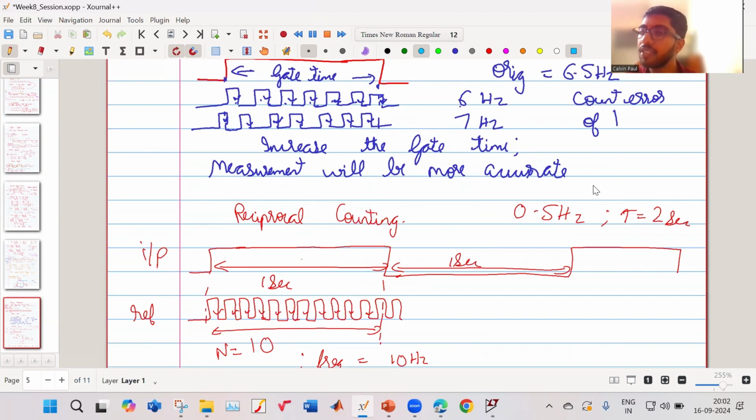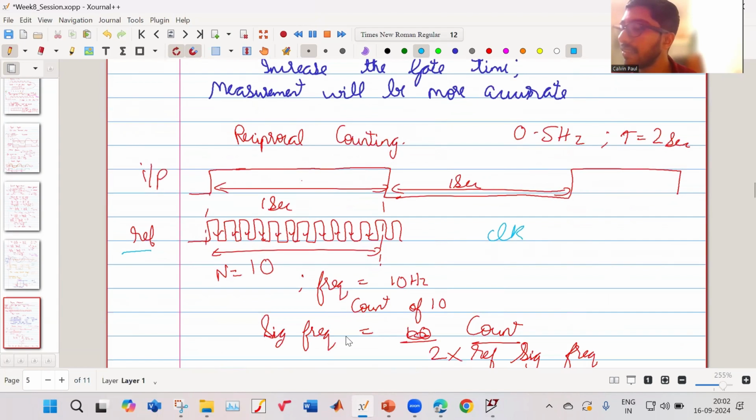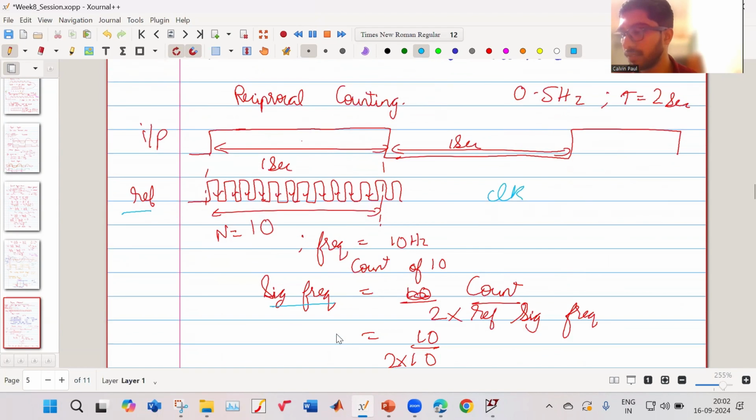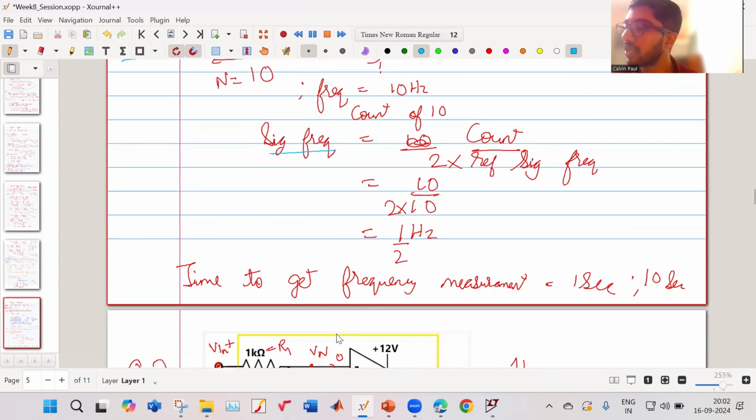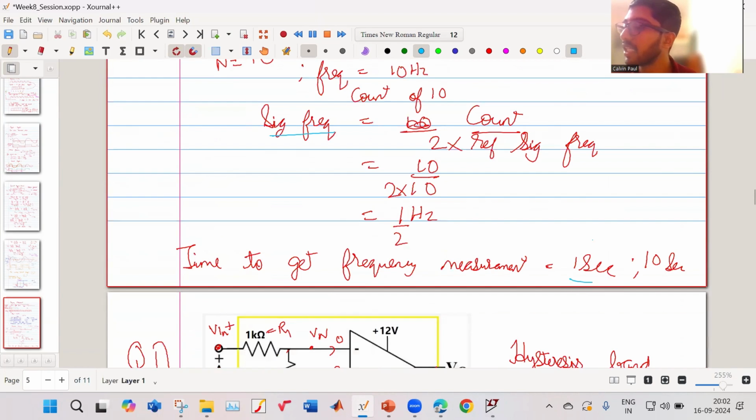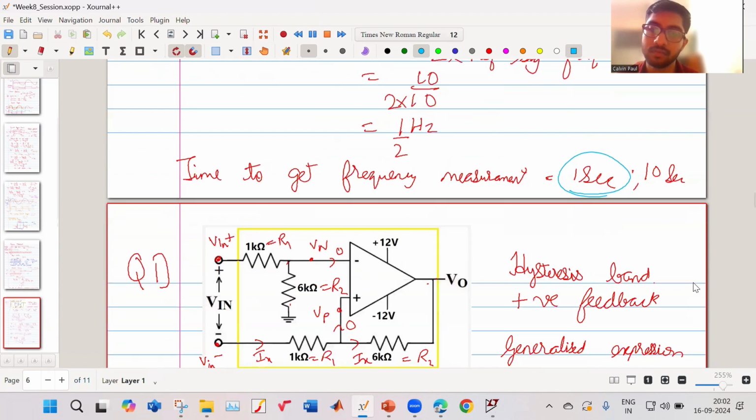For the time period of my signal, I will count a faster reference signal. That is this clock. And then from that, I will get my signal frequency. This way I can get it in 1 second, but in the earlier case, I might have to wait for 10 seconds if I do direct counting. So it is faster.